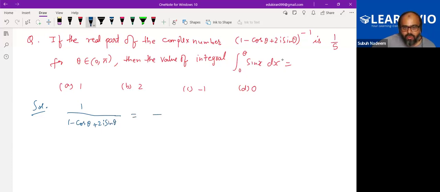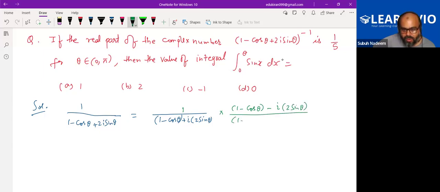Now, if we want to find the x plus iy form of this, we will multiply numerator and denominator by its conjugate, that is (1 − cos θ − 2i sin θ) by (1 − cos θ − 2i sin θ).